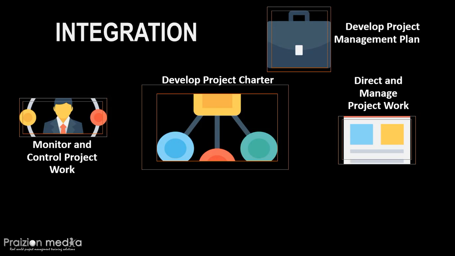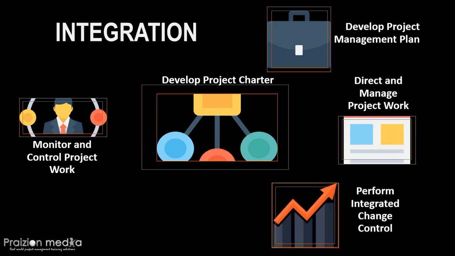The work performance report becomes an input to the next process, Perform Integrated Change Control. Sometimes as change control is underway, the CCB may need to be aware of those work performance reports and project status.